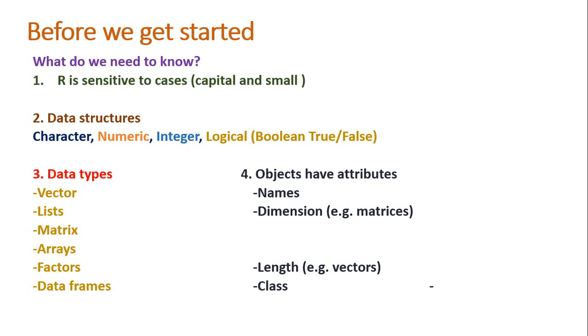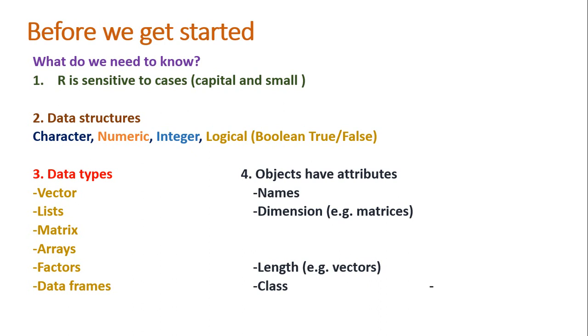For example, a set of numbers can be a vector. As you will see, matrices are two-dimensional, whereas arrays can be three-dimensional. Let all of these things not confuse you, as we shall see. You don't really need to cram them.